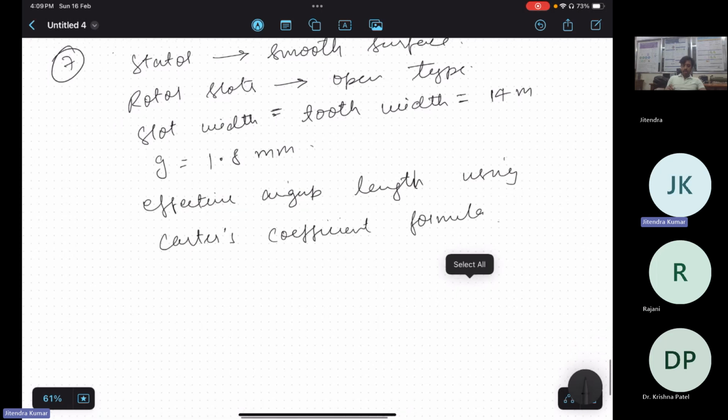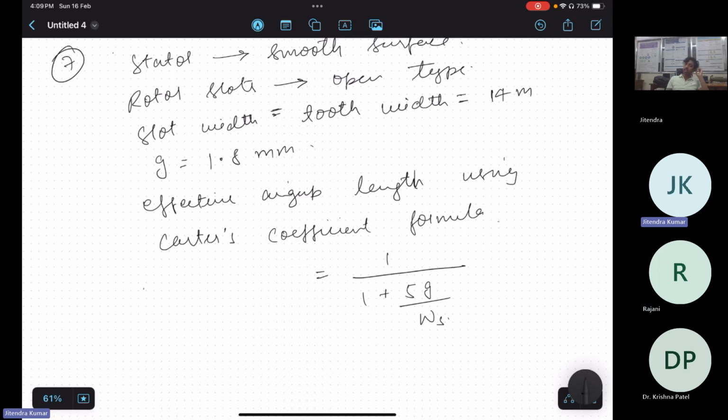What is the Carter's coefficient? Which is nothing but 1 divided by 1 plus 5g divided by ws, that is slot width. So can we calculate effective air gap length?